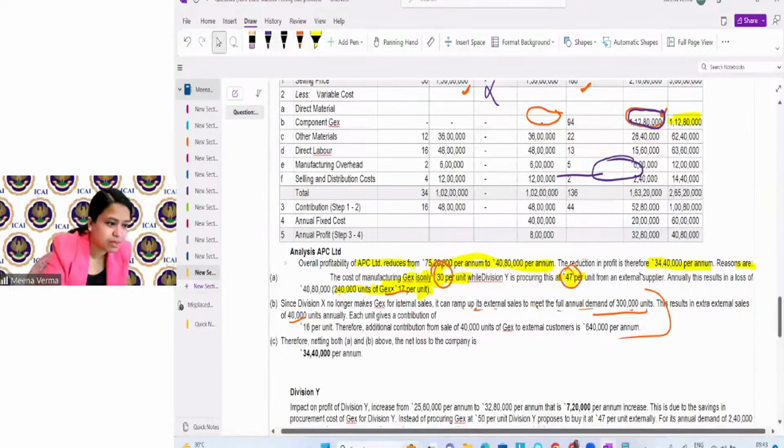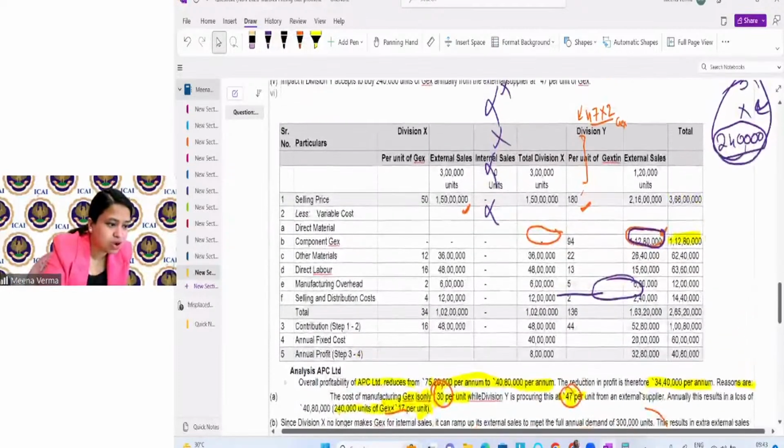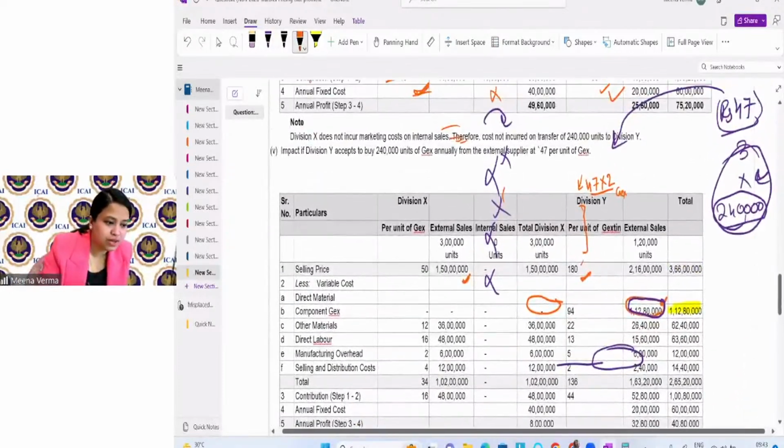Abhi dekho what is happening here. Since X is not producing the goods internally, uski wajah se earlier it was selling 2,40,000, but external demand is 3 lakh. So earlier it was selling 2,60,000 outside the market, but now the demand is 3 lakh. So what it has done, it has increased the sales by 40,000, है ना?